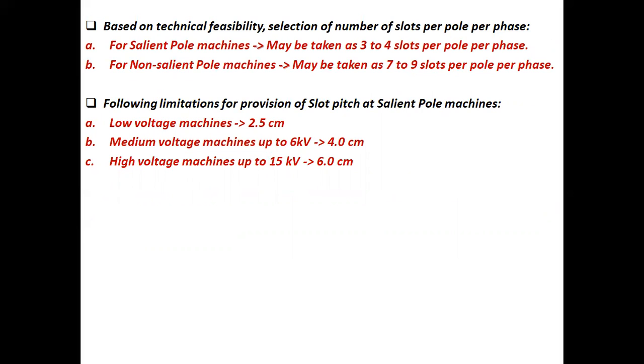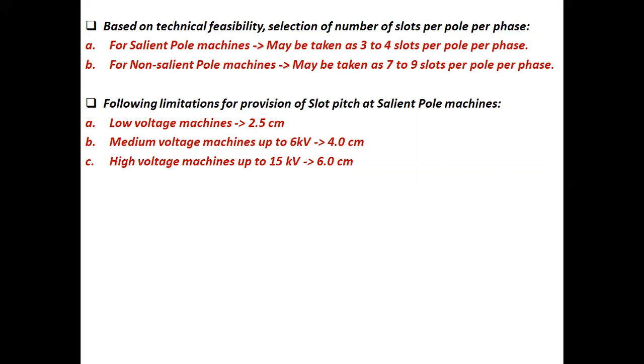Based on technical feasibility, selection of number of slots per pole per phase: for salient pole machines may be taken as 3 to 4 slots per pole per phase. For non-salient pole machines may be taken as 7 to 9 slots per pole per phase.